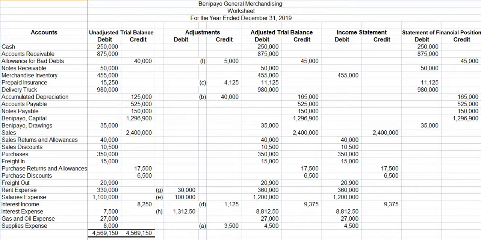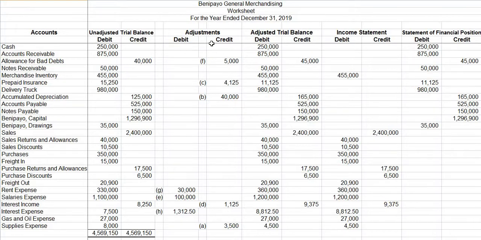Get the total of both the debit and the credit columns by adding the figures, not by copying from the unadjusted trial balance. And please don't forget to double rule your total debit and your total credit.